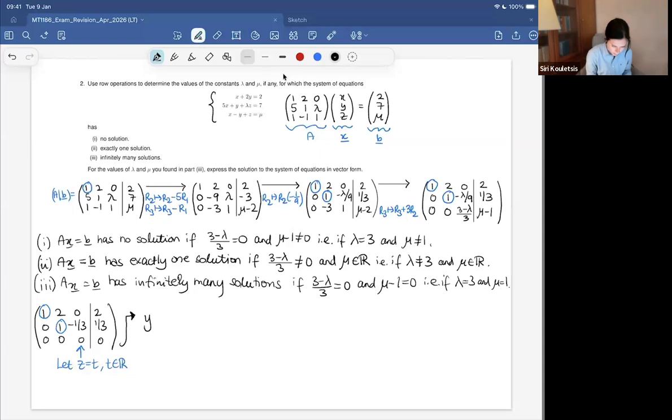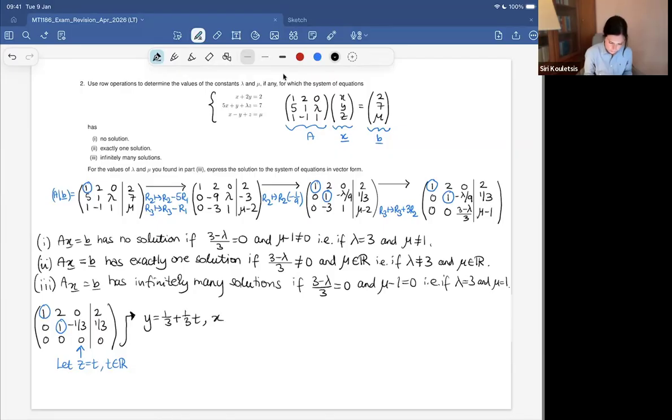The second row tells us that y is a third. If you arrange this for y, it's really y minus a third z, but z is t, so y minus a third t is a third. And so y is a third plus a third t.